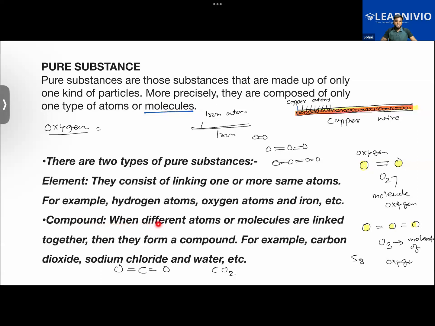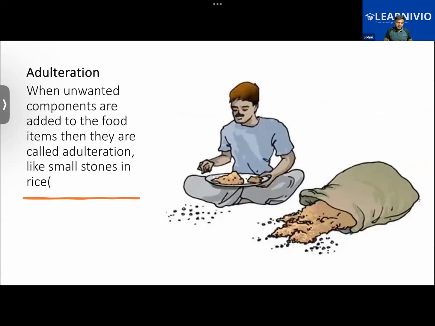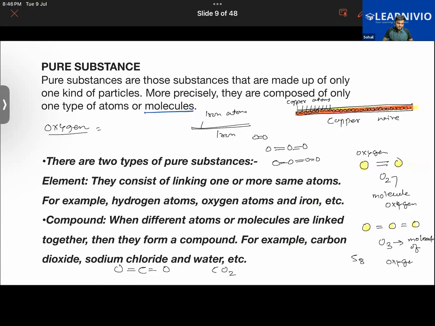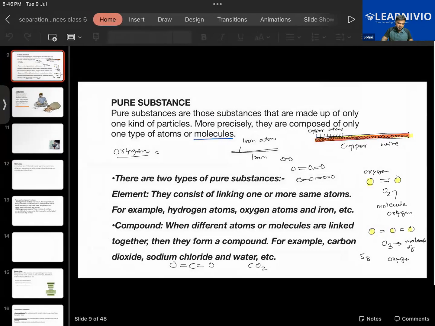Then you have compound. Compounds are basically when different atoms are linked together. Linked here means joined together. Say, for example, water is a compound. Why do we call it a compound? Because it is made up of two different types of atoms.